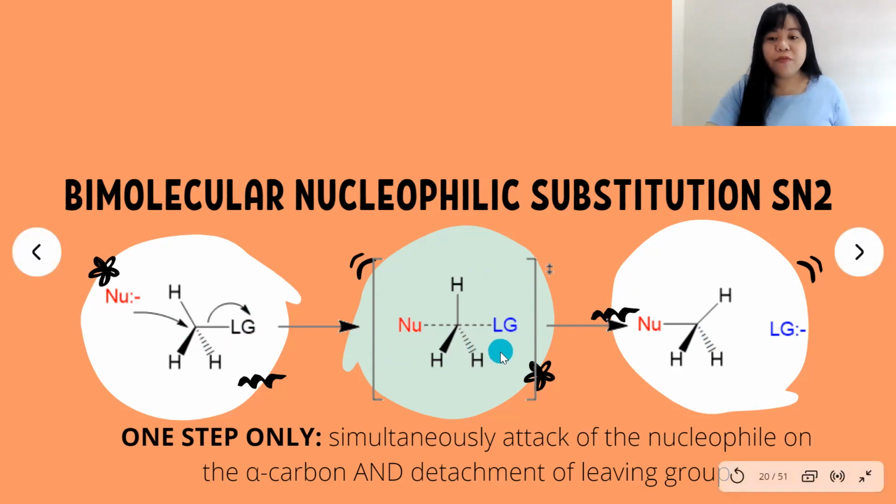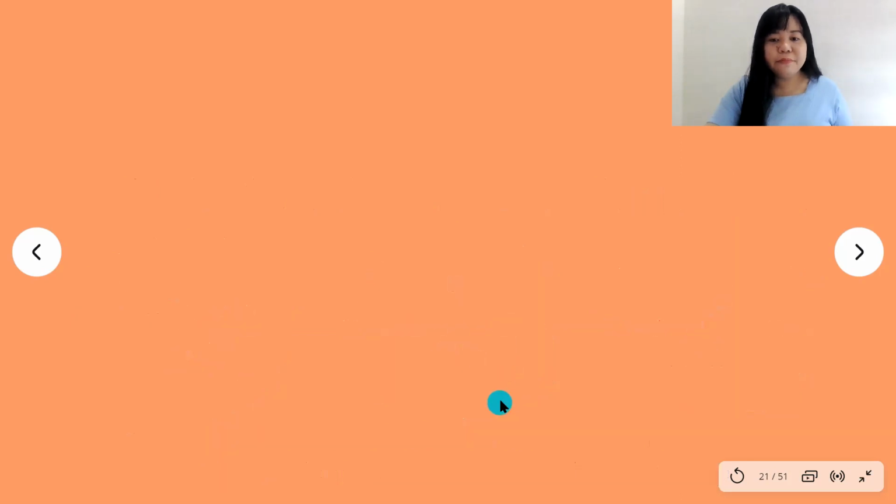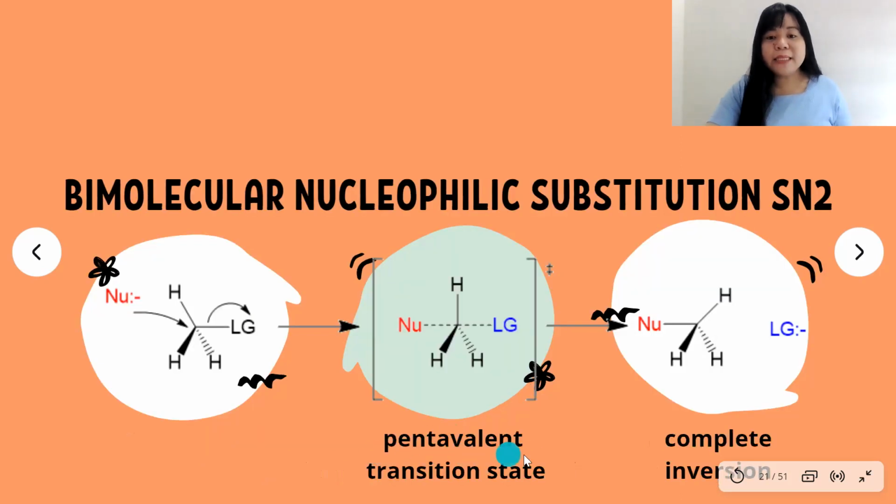And if in the previous reaction, SN1, we did not illustrate the transition state, here in SN2 we can see the illustration for the transition state, which is actually a pentavalent structure, meaning there are 5 groups around the alpha carbon.